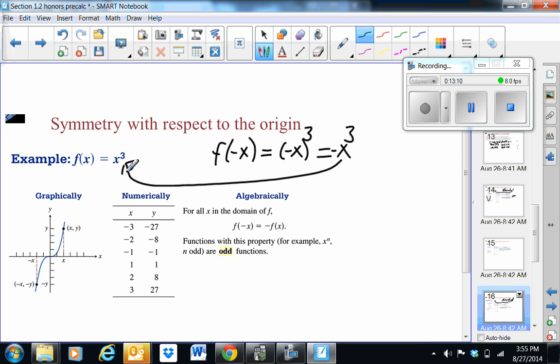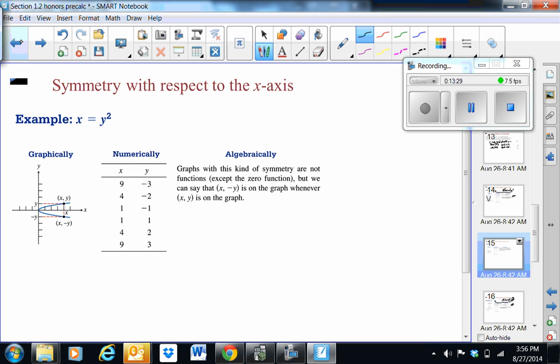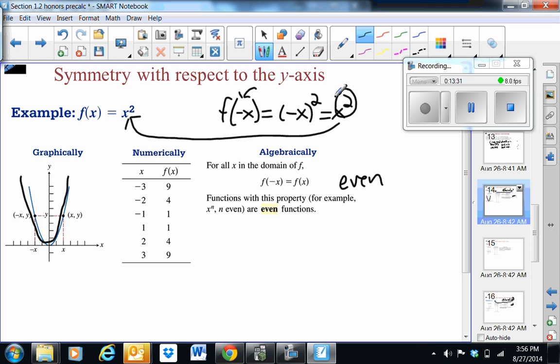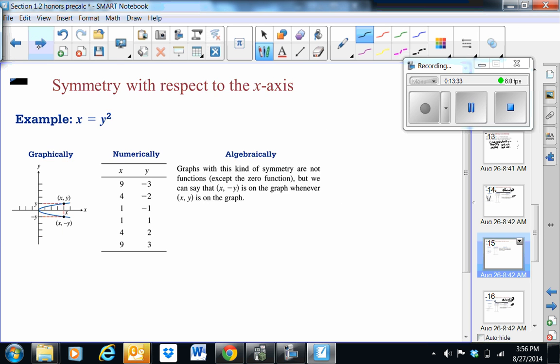So when they're exact opposites, this has symmetry with respect to the origin, meaning if we rotated that graph 180 degrees, it would line up onto itself. Now this is called an odd function. You'll notice with odd functions, look at what the exponent has, and with even functions, look at our exponents. They're even.